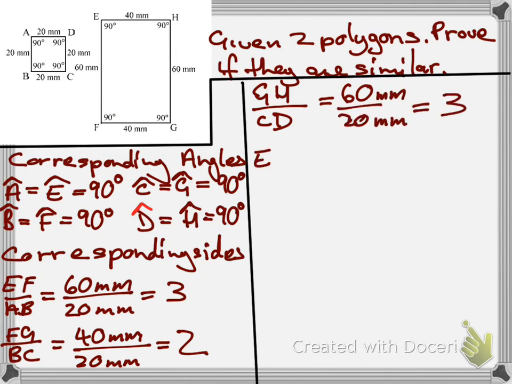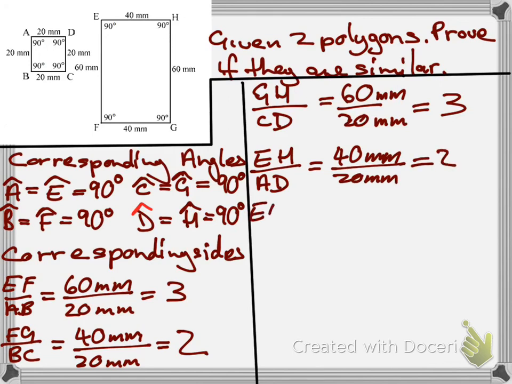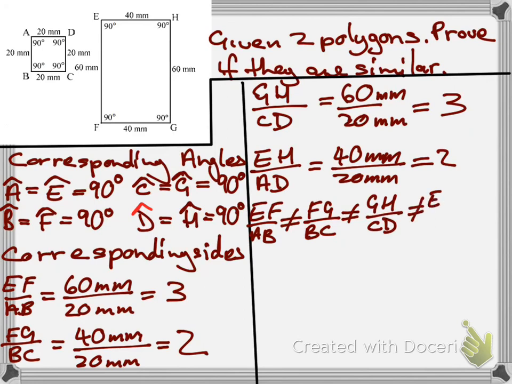Right? And EH all over AD reduces to 2. So we can see here that the ratios of the sides are not equal. So EF all over AB is not equal to FG all over BC, which is not equal to GH all over CD, which is not equal to EH all over AD.